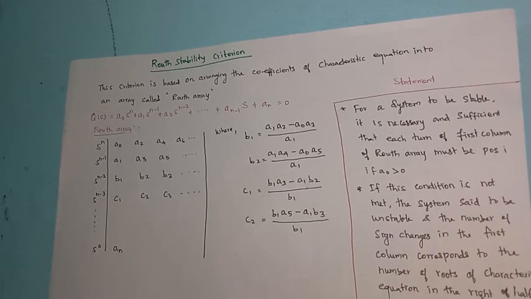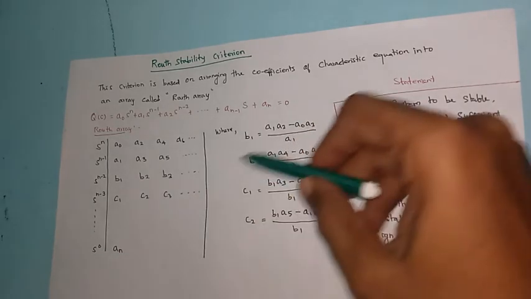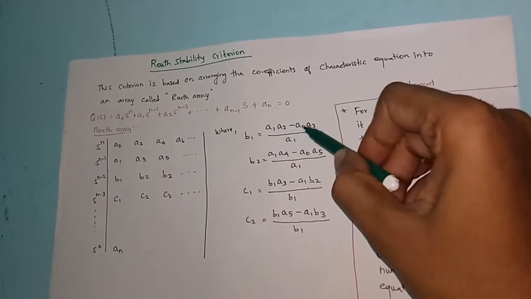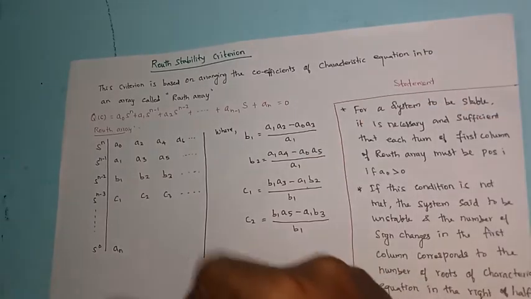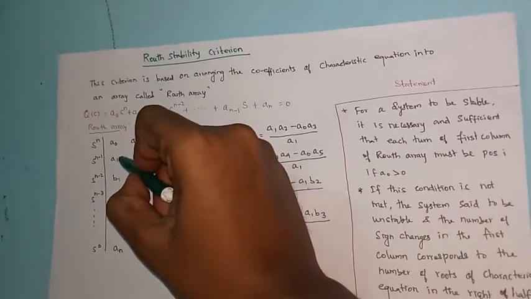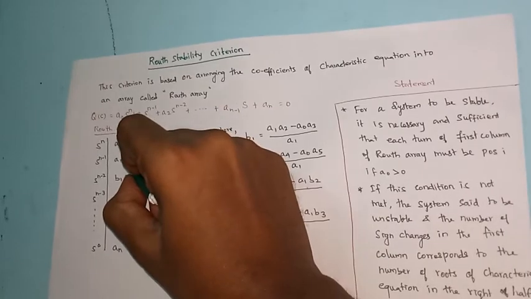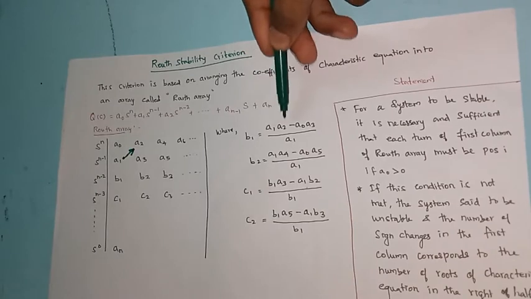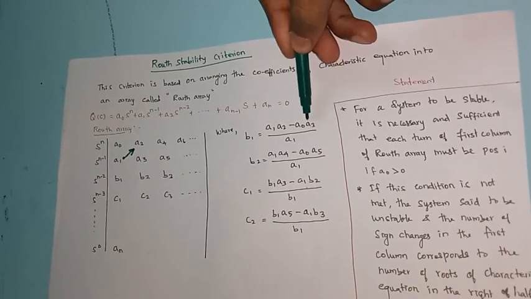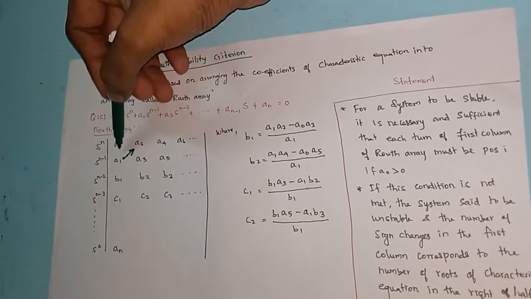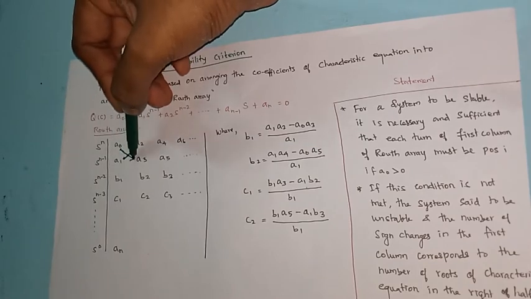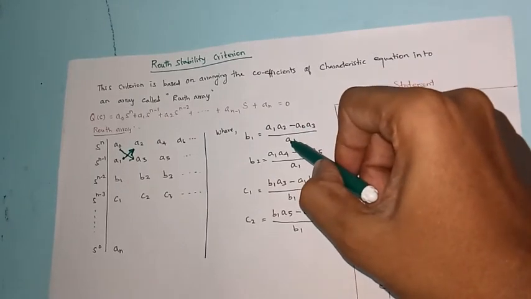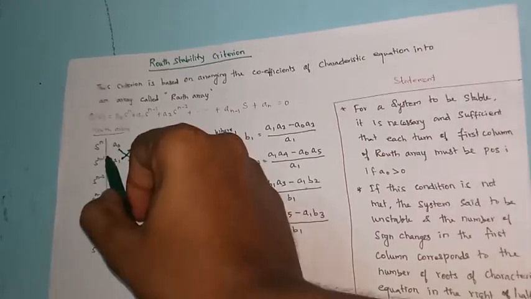First, the b1 term is a1 a2 minus a0 a3, divided by a1. Here we take a1 times a2 minus a0 times a3, and the denominator is a1, the first element.